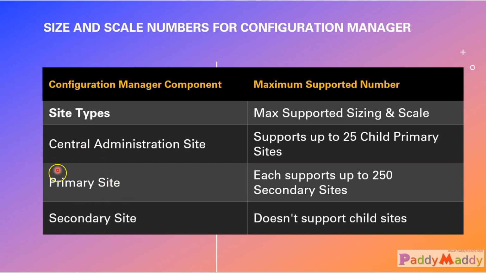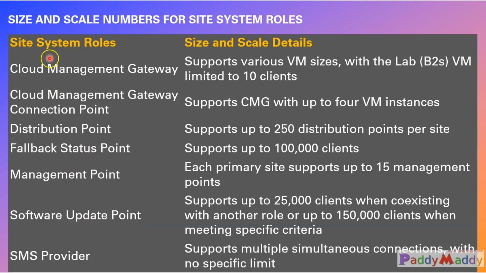Some key roles can be enabled. So now let's have a look at those site roles. I'm talking only about the key roles, and whether each can support a maximum number of client devices; we would put it in sizing, basically.